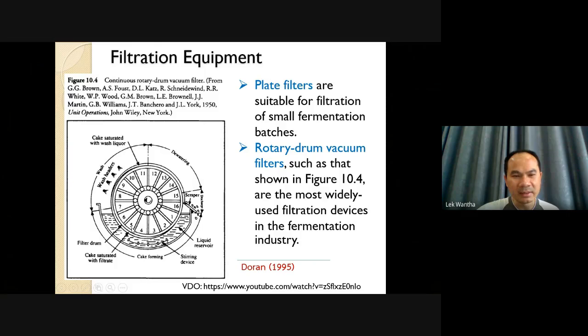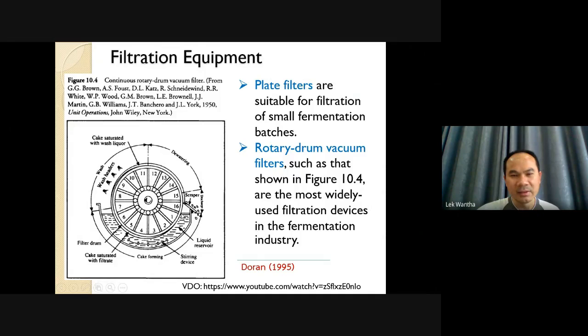And then when the equipment rotates, this zone is washed by water. You spray water toward the cake, and then you dewater by heat, like steam or hot water. Then we have a scraper to separate the filter cake.